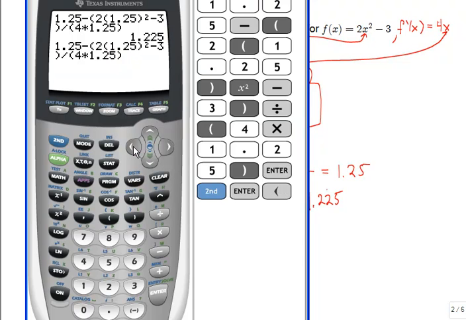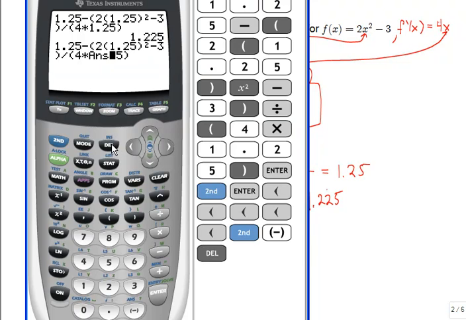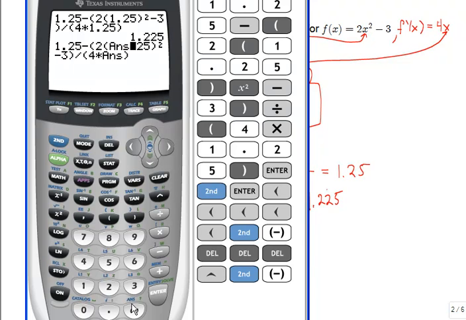And what I want to do is change these 1.25s to my last answer. So what I'm going to do is I'm just going to go right on top of them, and I'm going to click on the ANS command, which is right up here above that little negative. So if I do second negative, you'll see that ANS show up, and I'm just going to delete these other things. And now I'm going to go up, and anywhere where I had 1.25 before, I'm going to go on top of it, and I'm going to replace it by that ANS.